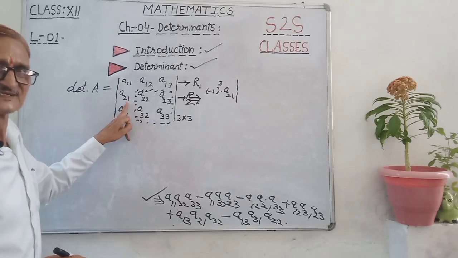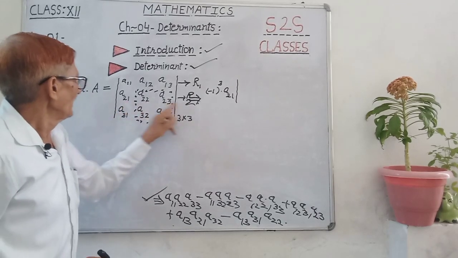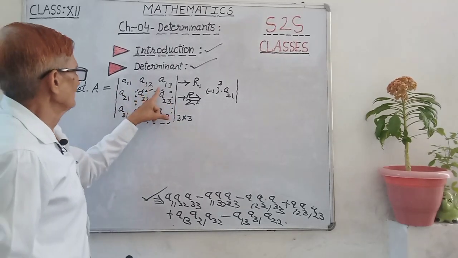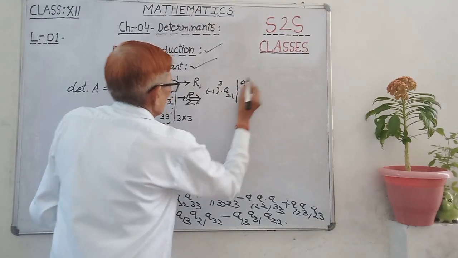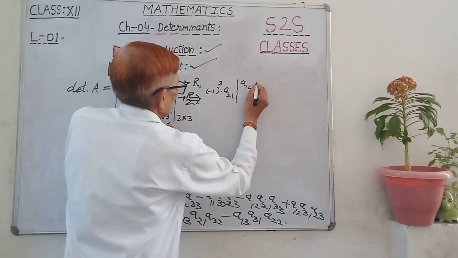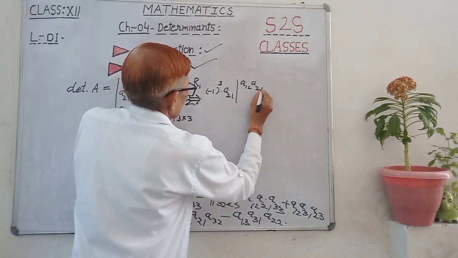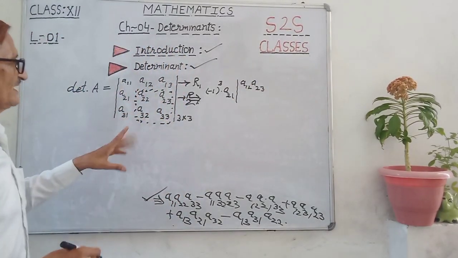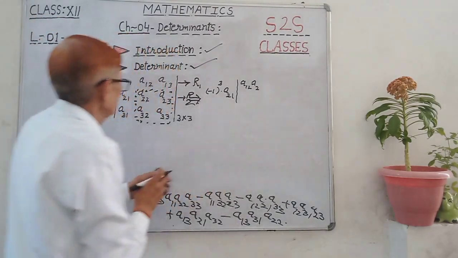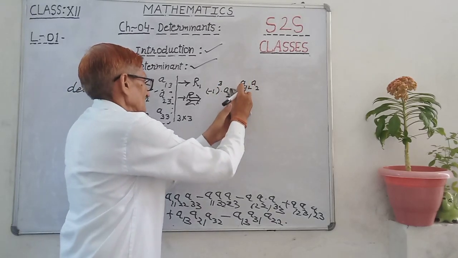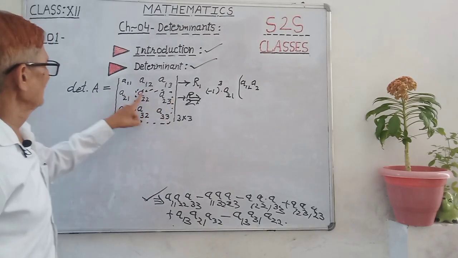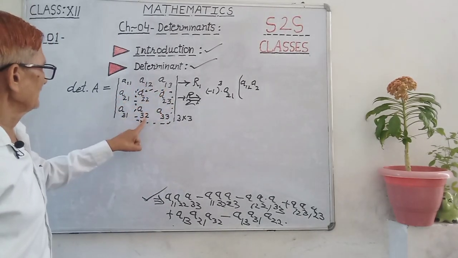Along this element, second row and first column cancel out, so what is left? A12, A13, A32, A33.